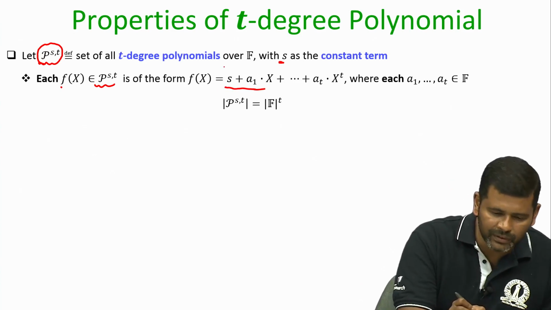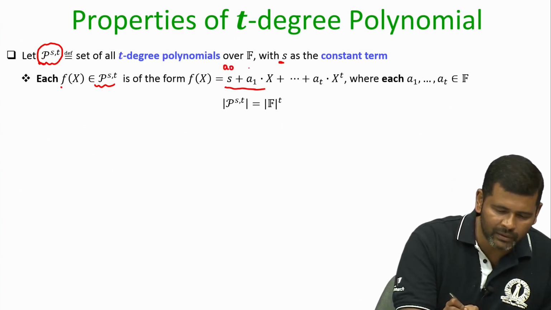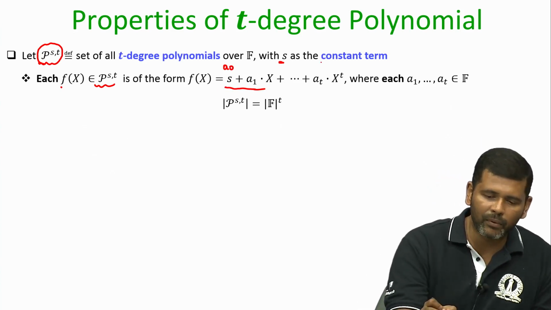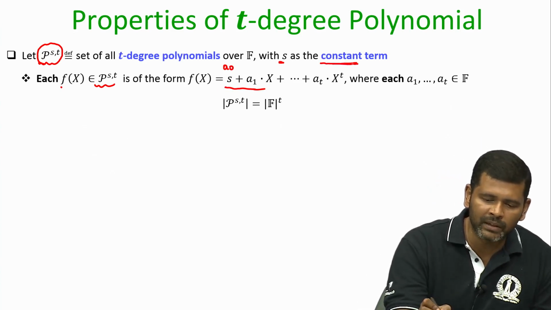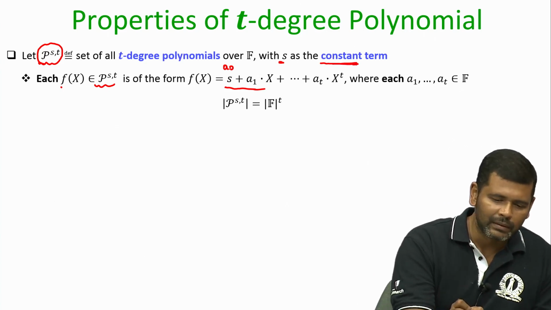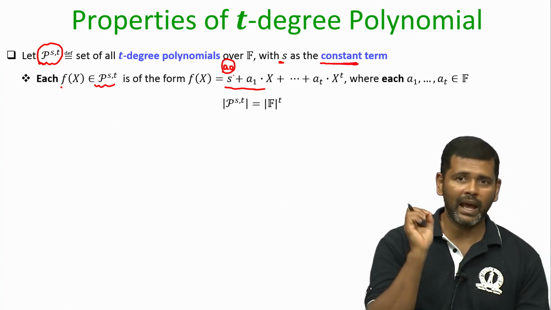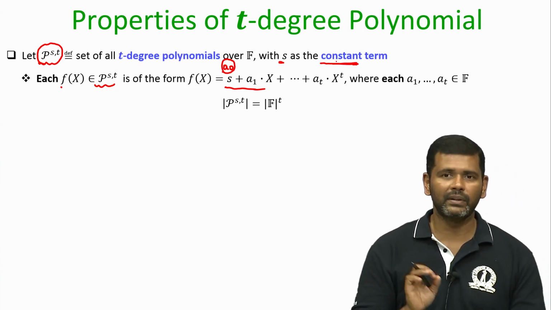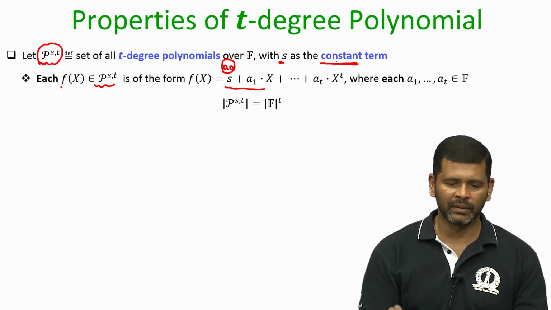It will have the coefficient a naught, a 1, up to a t. But since I want the constant term to be the value s, I do not have a choice for a naught. My a naught has to be compulsorily s. The remaining t coefficients can be any element from the field.